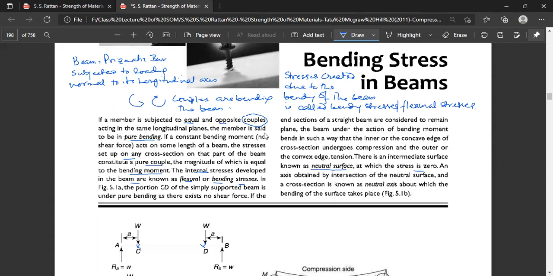An axis obtained by the intersection of the neutral surface and a cross section is known as the neutral axis, about which the bending takes place. For any cross section, the intersection of the neutral surface and this cross section is defined as the neutral axis, about which bending of the entire surface takes place.